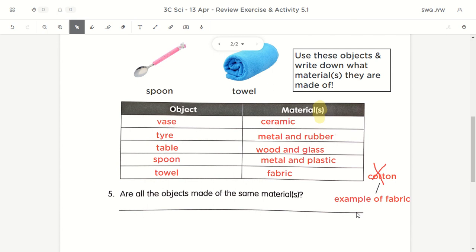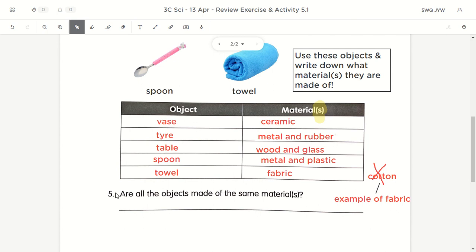For metal, you have steel, iron, aluminium, copper, gold, silver. There are many examples of metal, but metal is the group. It's like when we talk about mammals, lion and tiger are examples. Individual metals are examples like iron and steel, while fabric is the group. The examples would be cotton, silk, and whatever fabric materials you come across.